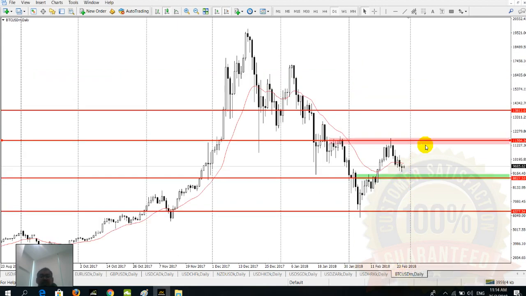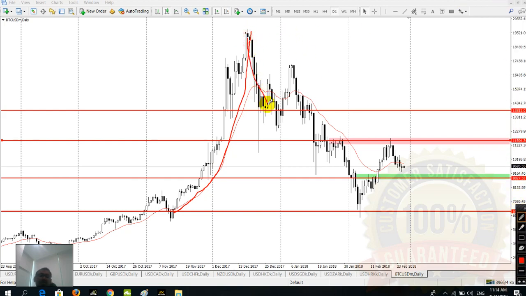Okay, and like I mentioned, this is the currencies analysis. And BTC, actually I've already started trading Bitcoin. If you see, there was a rally from $6,000 up to almost $19,000 plus.